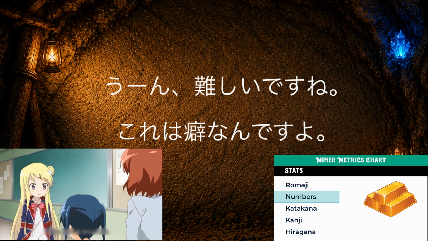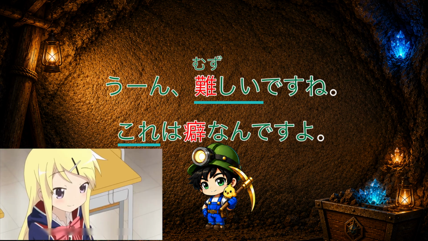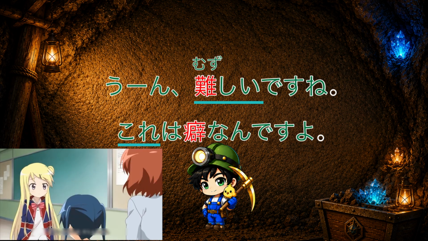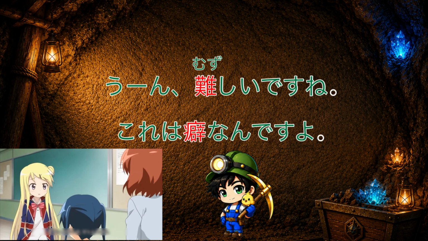No romaji, symbols or numbers. So let's first identify our hiragana, katakana, and kanji. Looks like we were right. The topic of the previous sentence is referred to as being muzukashii, which is a word we know even though we haven't seen its kanji yet. Kore being our topic means we're still talking about the previous topic, which has to do with negative or unable to speak. So we get, this is a kuse.